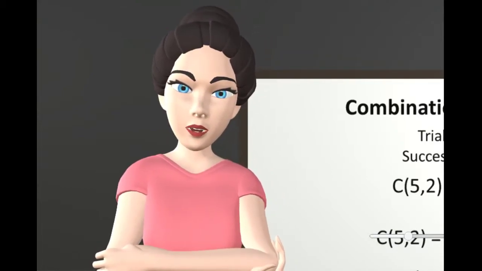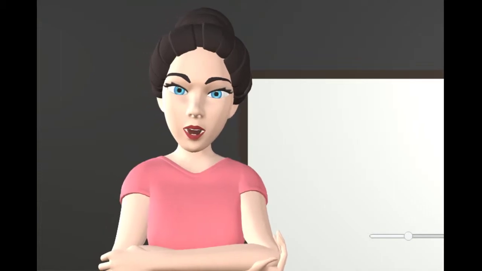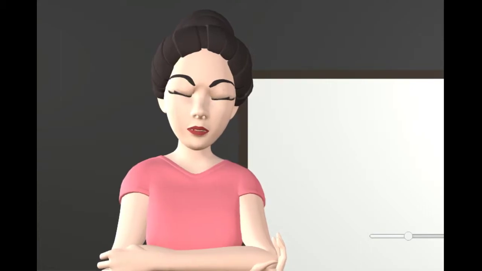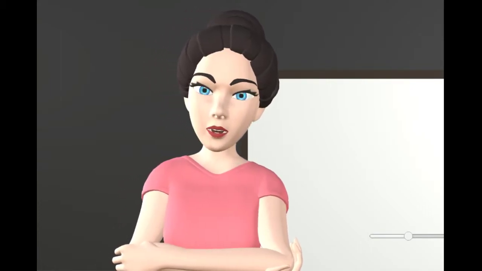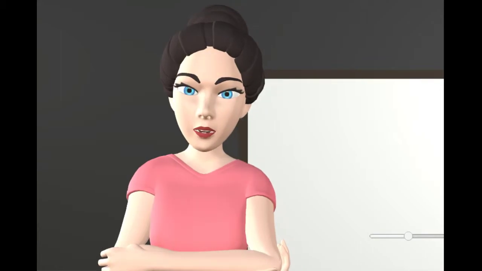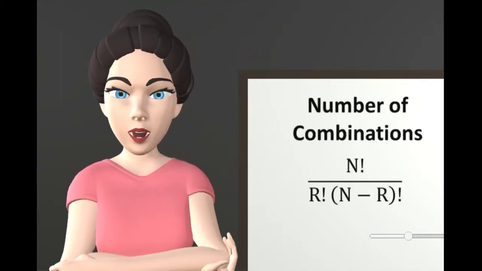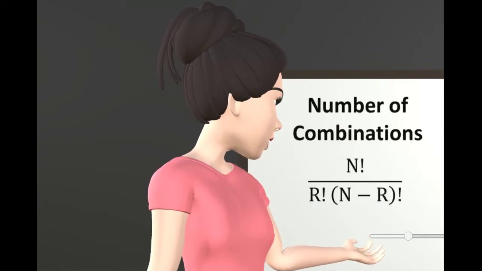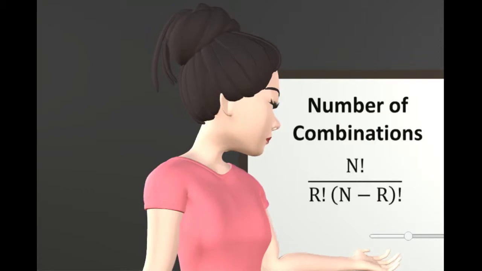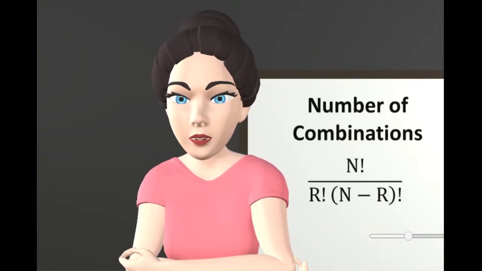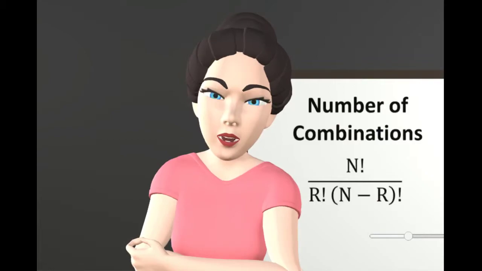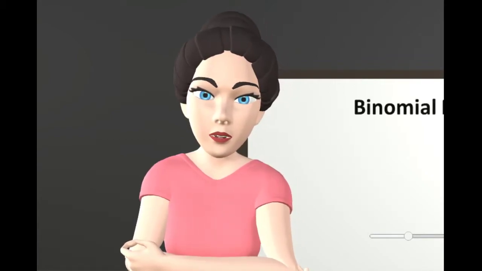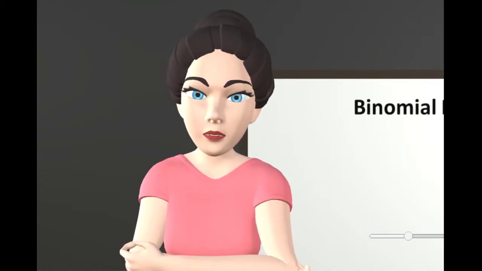Now you see how to compute the joint probability of a particular sequence that has R successes in n trials, such as failure, failure, success, failure, success, and how to compute the number of combinations in which a sequence has R successes in n trials, such as 10 ways to get 2 successes out of 5 trials. As the final step in computing binomial probability, you just put those 2 parts together.